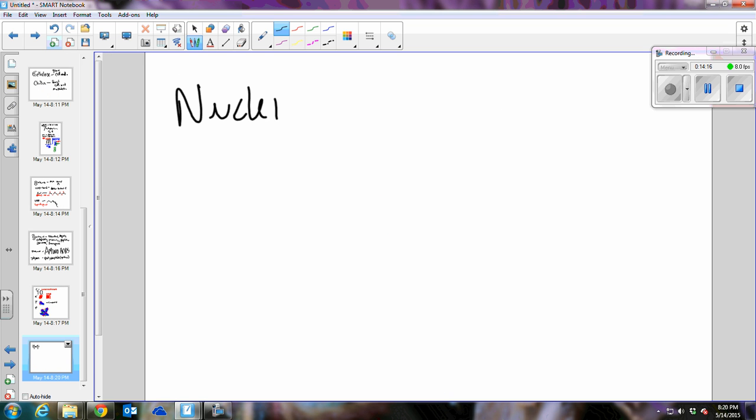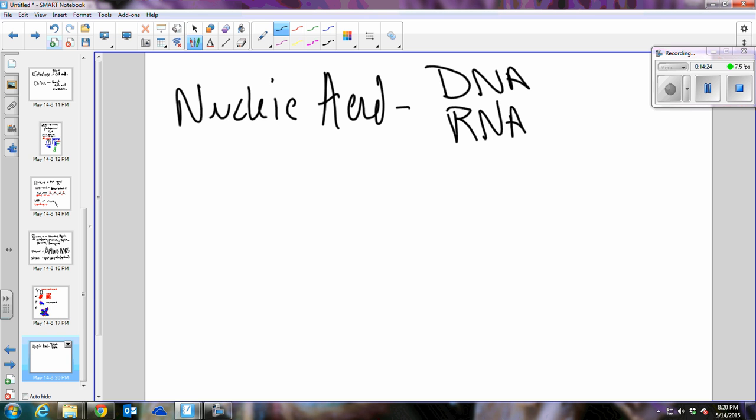Lastly, but not least, is the nucleic acid. And these are things like DNA and RNA. What are they made up of? Well, the monomer of nucleic acids are called nucleotides.